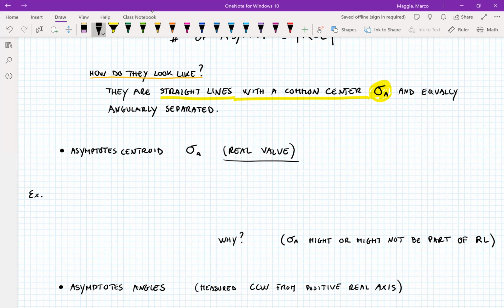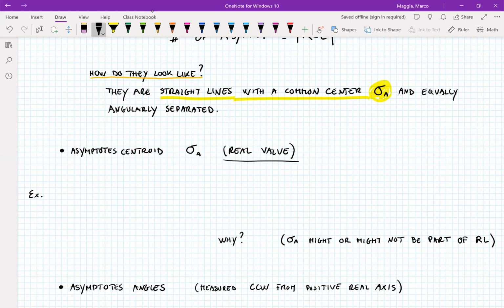That is obviously a real value because the root locus has to be symmetric with respect to the real axis. Why is that? Because we're just plotting all the possible solutions of the closed loop system poles, and the poles are roots of a polynomial with real coefficients. According to the fundamental theorem of algebra, the roots must be either real or, if complex, come in pairs of complex conjugates.